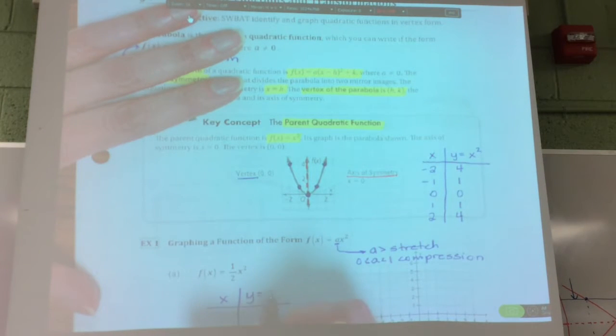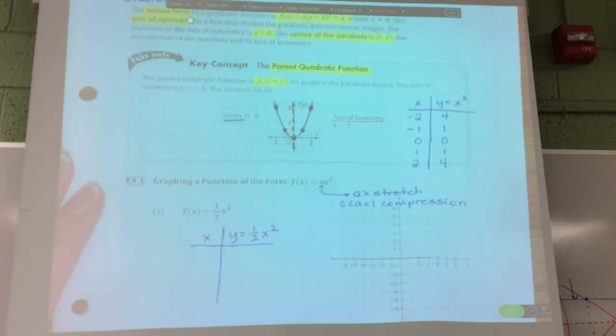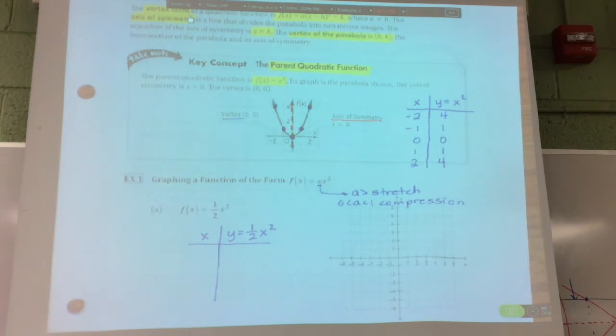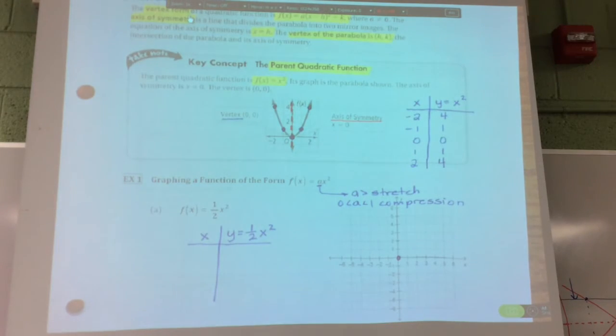And you're going to notice that I'm going to do something specific here. And that is, I am not going to do both negative and positive points. And the reason why is I don't have any vertical or horizontal translations, so I know my vertex is at 0, 0.